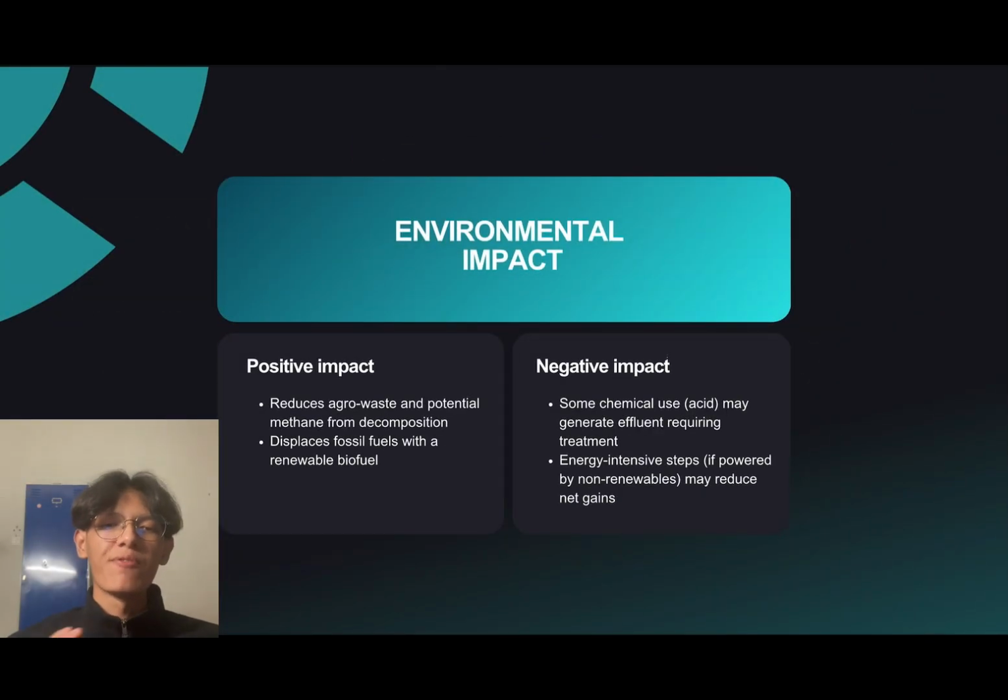What is the environmental impact of producing bioethanol using sweet lime peel? There would be some positive and negative impacts. The positive impact is that it would reduce agro waste and potential methane gases from decomposition. Not only that, it would also displace fossil fuel with a renewable biofuel. On the other hand, the negative impact is that some chemical use may generate effluent requiring treatment.